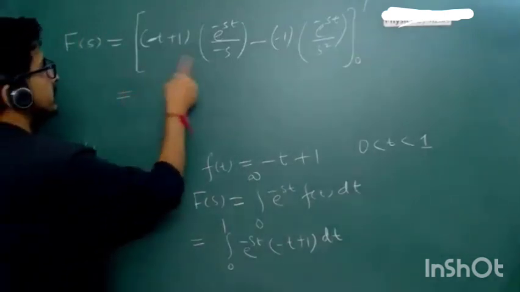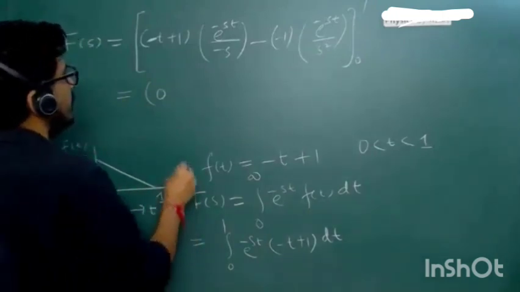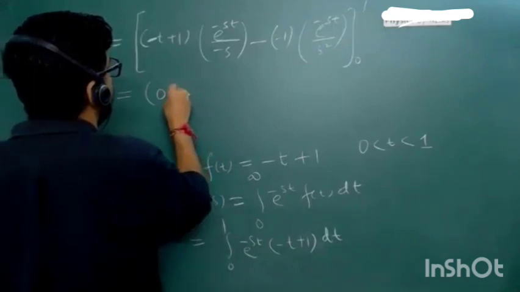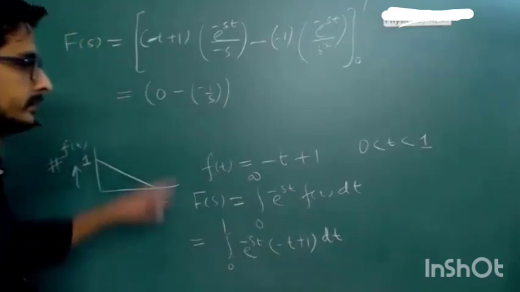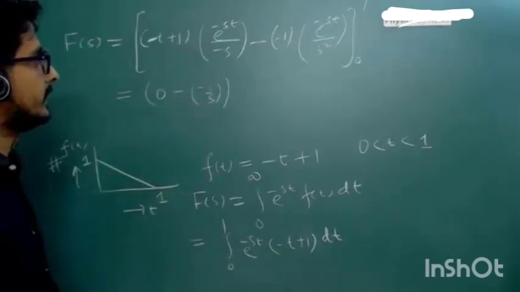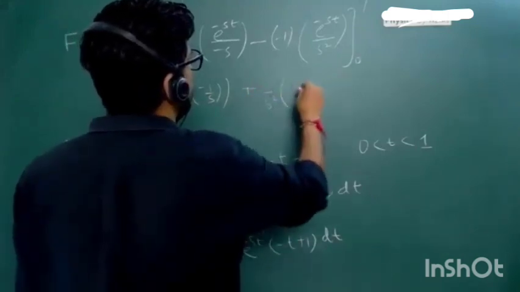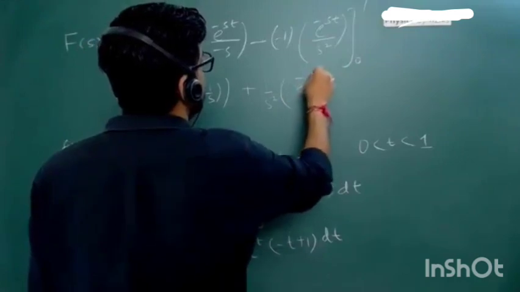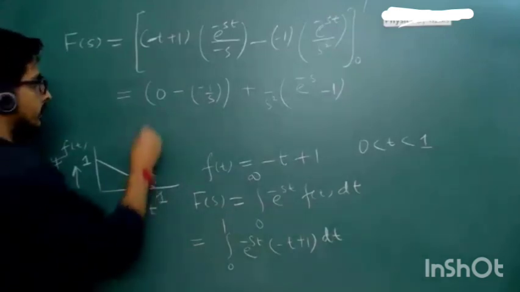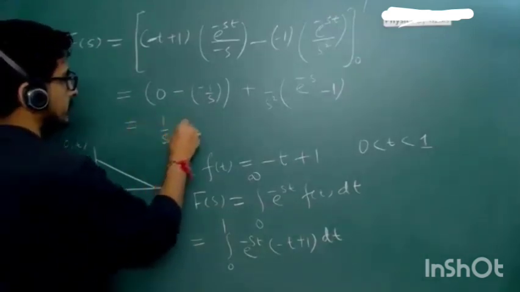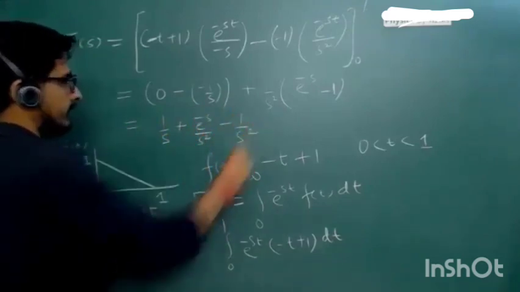So when you put the limit 1 here, it will become 0, and when you put 0, it will become minus 1 by s, lower limit, correct? And here plus 1 by s square, upper limit will become e to the power minus s, and lower limit will become 1. So whole thing will become 1 by s plus e to the power minus s by s square minus 1 by s square.